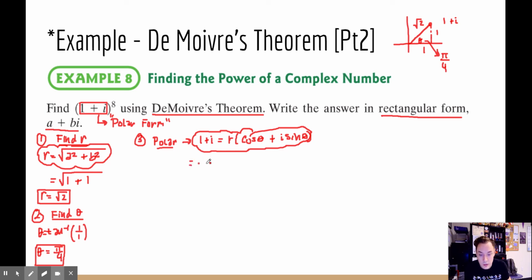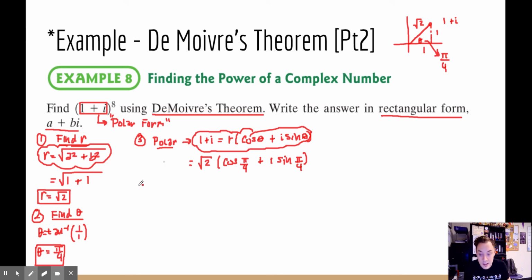This equals radical 2 times cosine of pi all over 4, plus i times sine of pi all over 4. So this was De Moivre's theorem part 1. We already knew how to do that in the first couple slides.